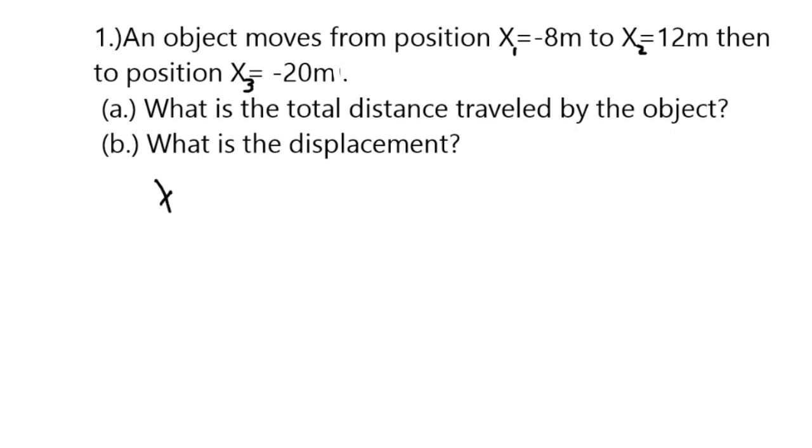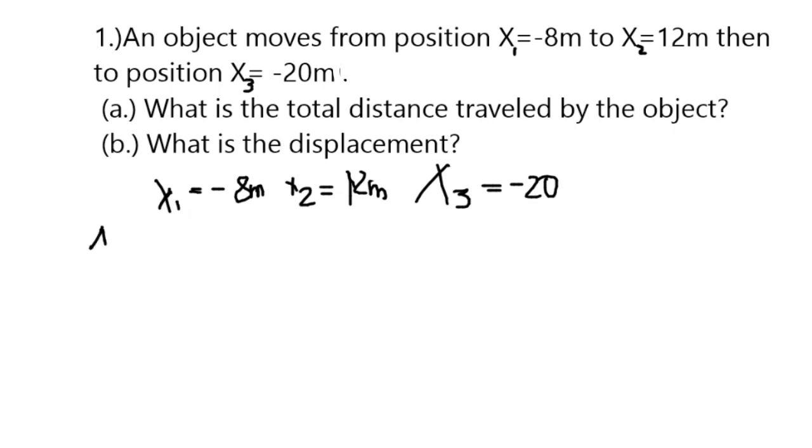So total distance ang hinahanap dito. And then as you can see, puro x values lang siya, which means it travels from negative x to positive x. As we can see here, we have negative 8 and we have positive 12 and then negative 20.